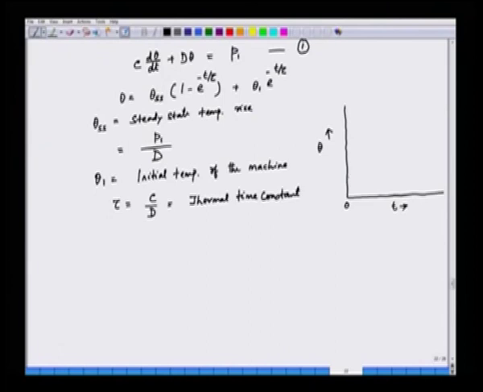We start with any temperature, that is theta 1, it rises exponentially. If it is allowed to rise here, it may reach some steady state temperature, that is theta SS.